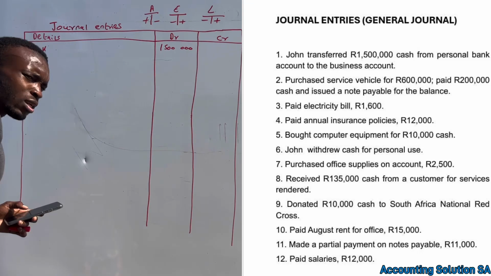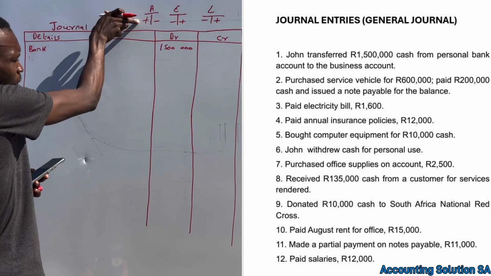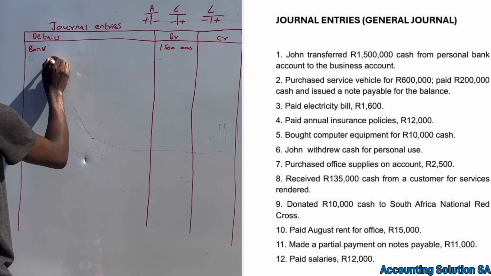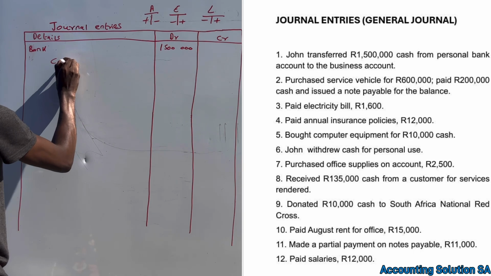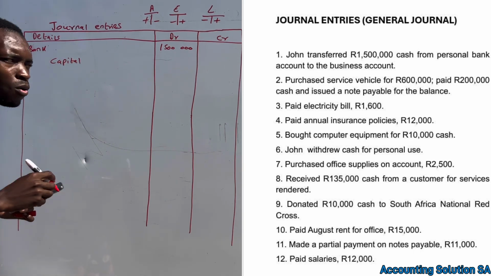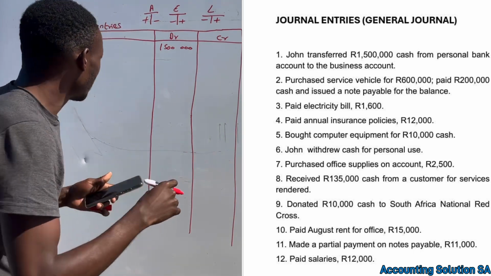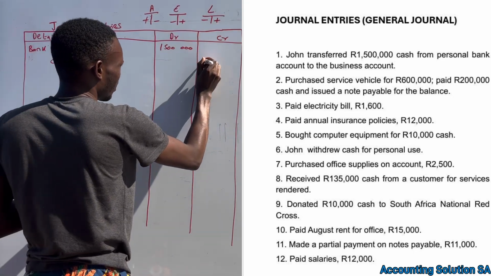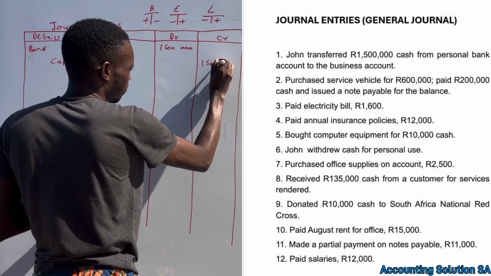The reason why we debit bank is because our assets have increased, because we received cash. Then now we are going to credit. This amount was transferred for capital purposes. This money has been transferred by the owner so that they can start a business. So capital, which is equity, increases, and it's going to be 1.5 million.